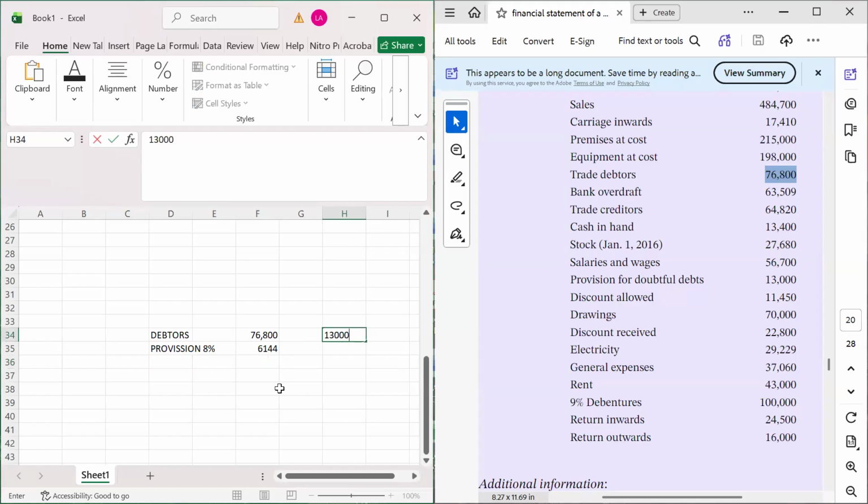Now they are telling us that this 13,000 should not be 13,000, rather it should remain at this. So if they say it should remain at this, what does that mean? It means, let's find the difference of it. This minus this. It means that we have overcharged the provision by this figure.